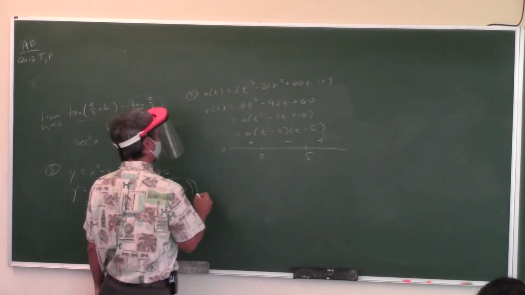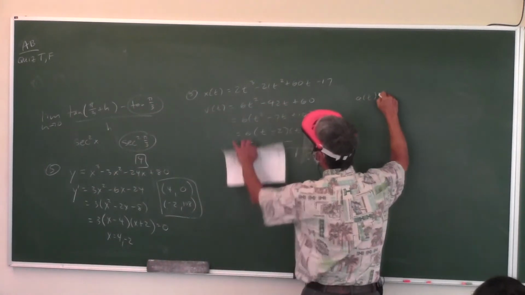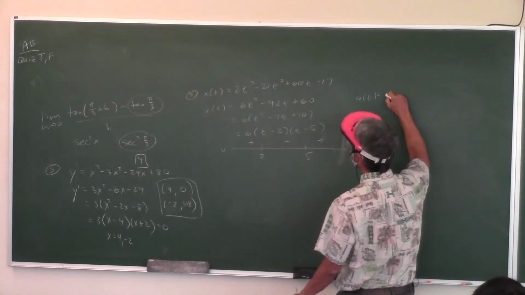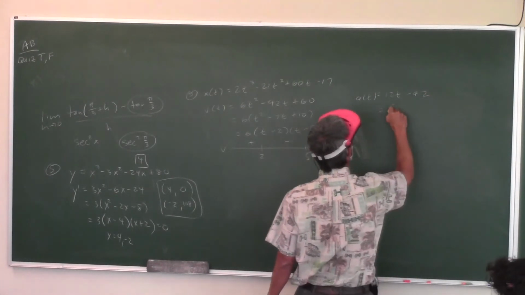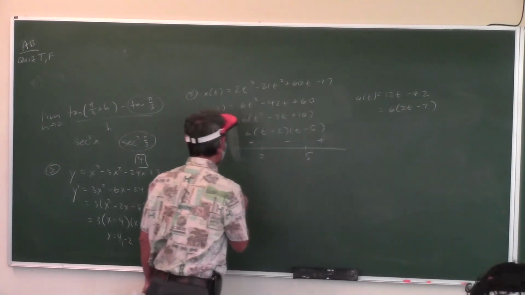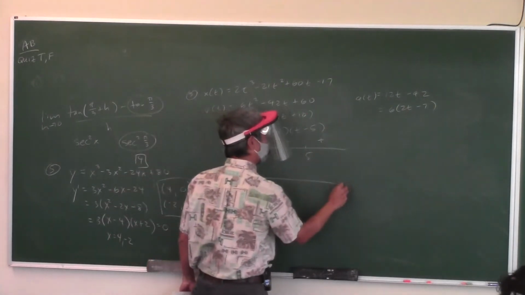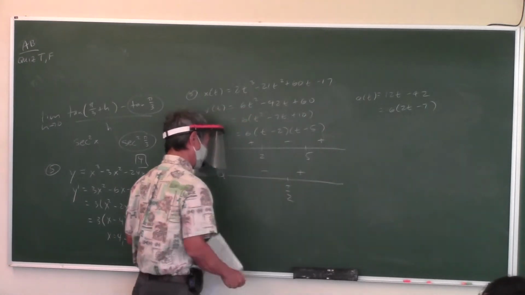All right, the acceleration is, I'm going to look at the top one because it's easier to take the derivative. 12t minus 42, factor out 6, and you get 2t minus 7. So if you make a number line for that, you're going to have 7 halves, and then minus, plus.